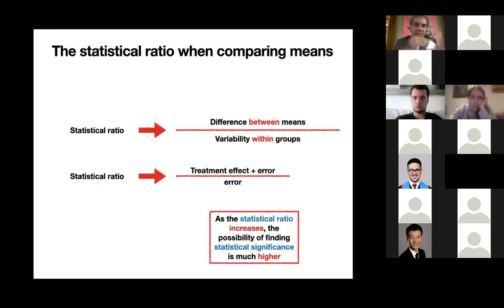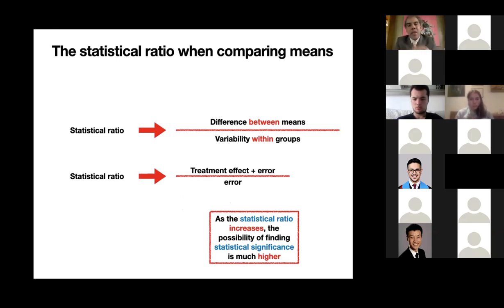So this is the statistical ratio. It's the difference between means divided by the variability within groups. Put another way, it's the same as saying the difference between means is the treatment effect plus the error, over the variability within groups, which is the error.